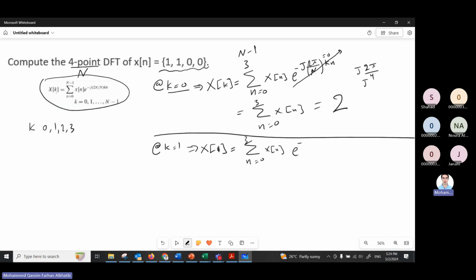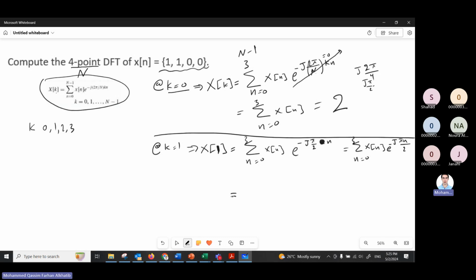So this is j pi over 2, minus j pi over 2 k n. And k here is 1, so it's gone. So my expression will become the summation n equals 0 to 3 of x of n e to the power minus j pi n over 2.